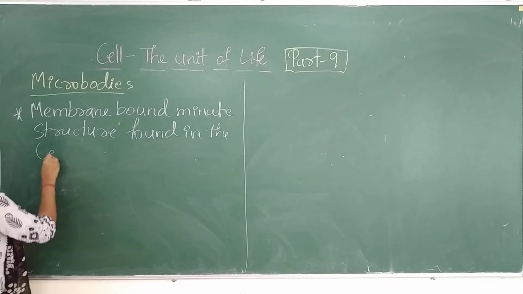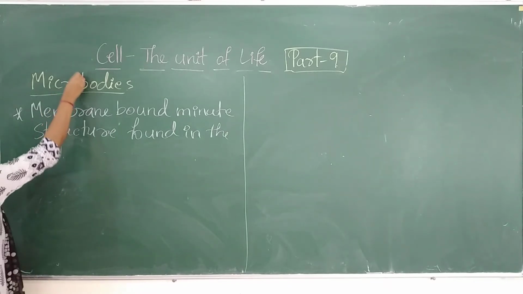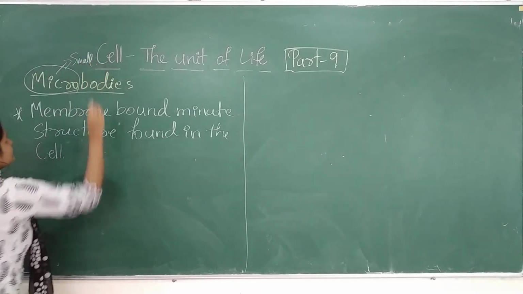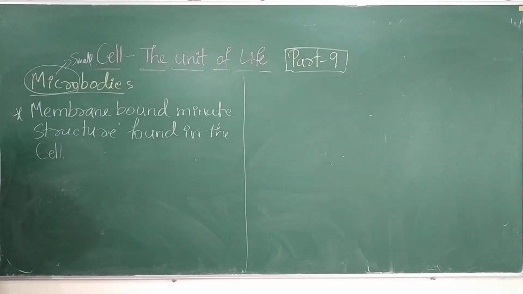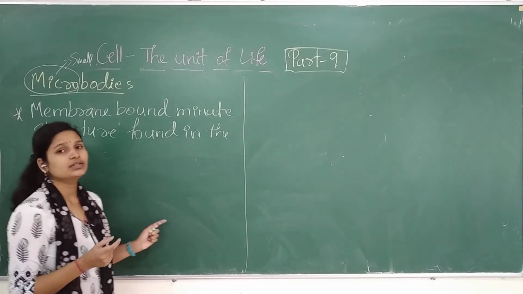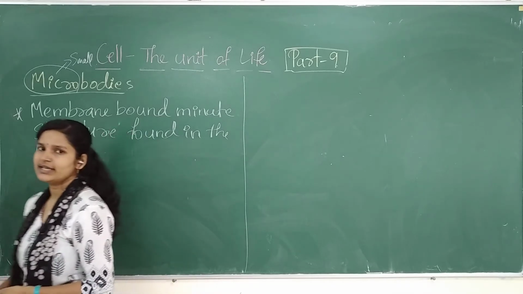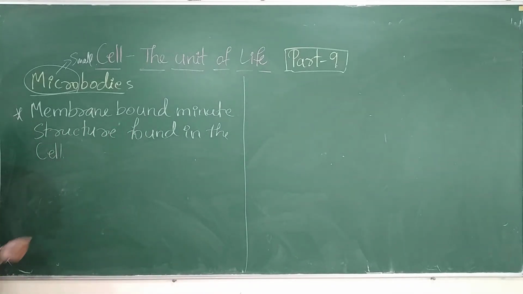Microbodies, the name itself tells you that micro means small, bodies means the structure. Microbodies means the membrane bound minute structures which are present in the cell. So what is the function of microbodies?